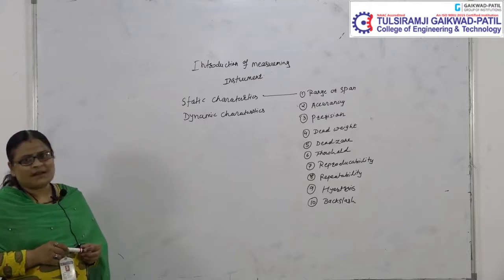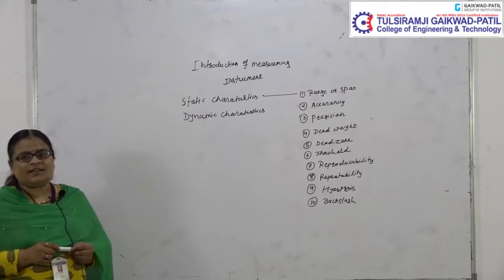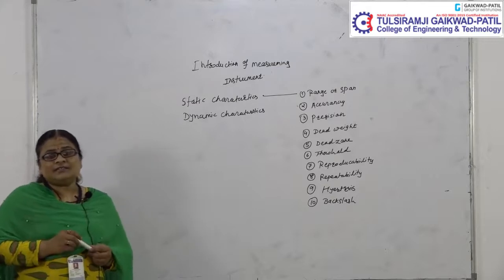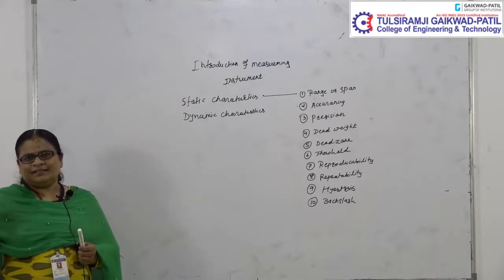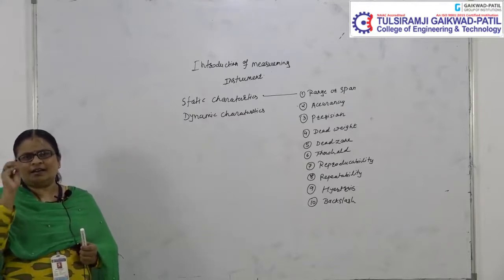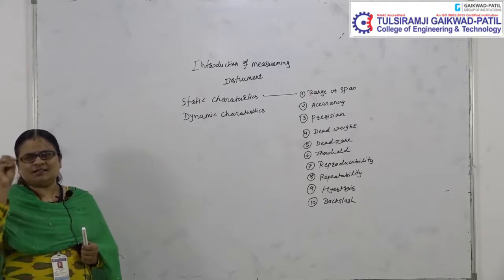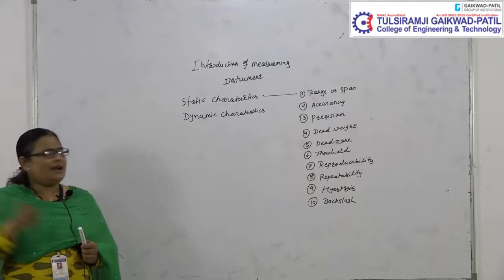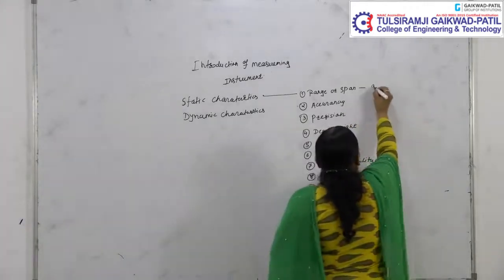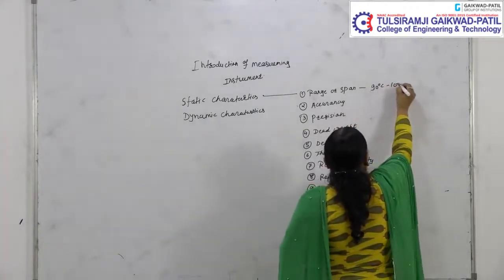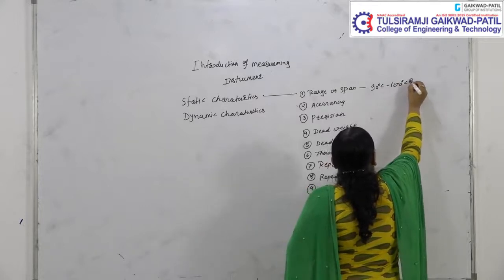The range and the span. What is the difference between the range and span? The range starts from 90 to 100. If we are taking the reading from 90 degrees Celsius to 100 degrees Celsius, it is written in this way, 90 degrees to 100 degrees, and this is called a range.